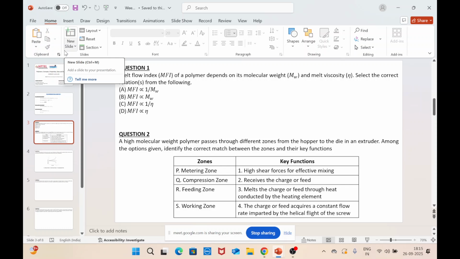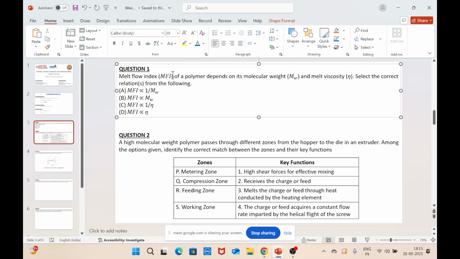I think this should not be hard. I think it would be easy to describe how this melt flow index is going to vary with the melt viscosity. So anyone at least on that, whether it is going to be directly proportional or inversely proportional?